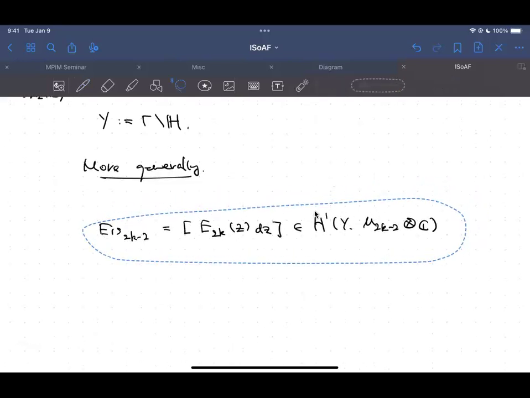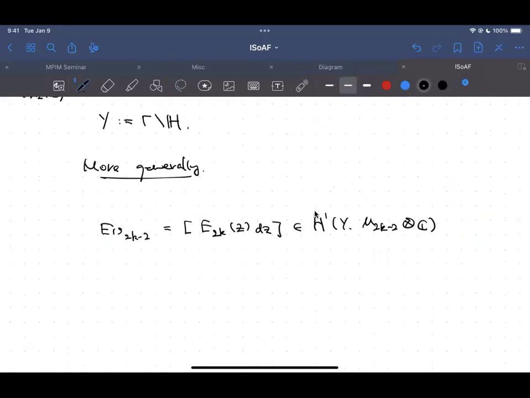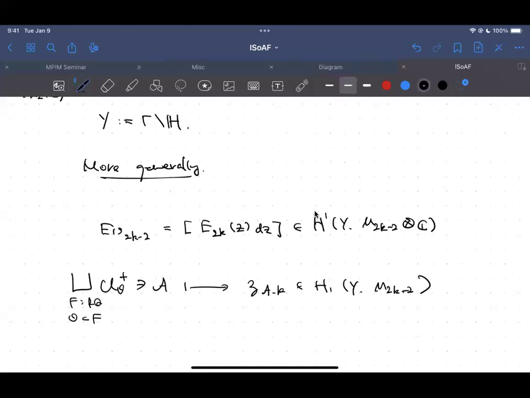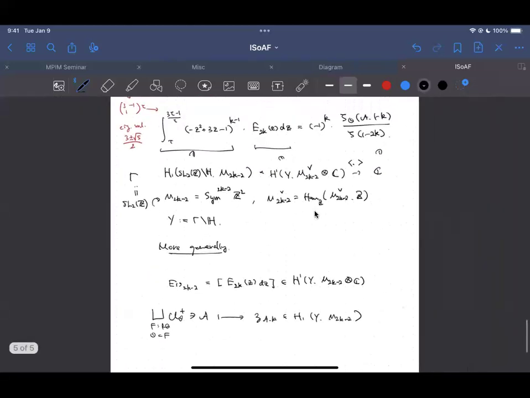Then, as I said, for each ideal class A of some real quadratic field and some order in this real quadratic field, we can associate a certain integral homology class, which is defined in the same way as this one.